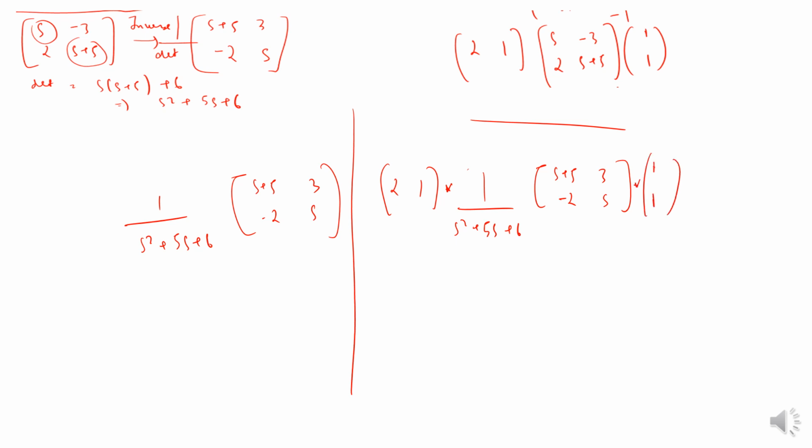This is a 2 by 2 matrix and this is a 2 by 1 matrix, so the output will be 2 by 1. So 2, 1, 1 by (s square plus 5s plus 6) into, the output of this is: 2 cross 1, s plus 5 plus 3, and this is minus 2 plus s.